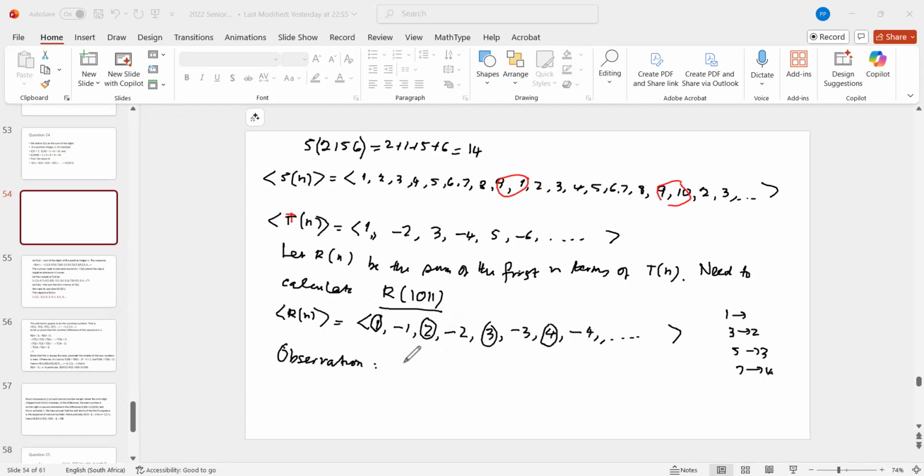And that is the R of, now we'll make this thing here, the odd numbers are 2n plus 1. So R of 2n plus 1, actually let's make it 2n minus 1.